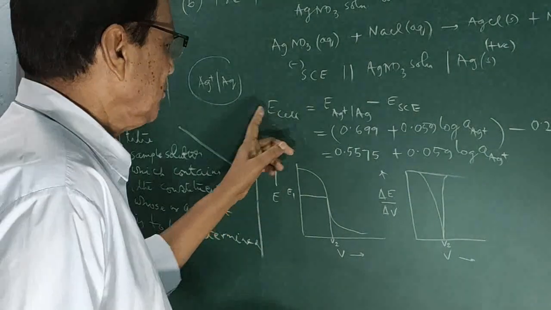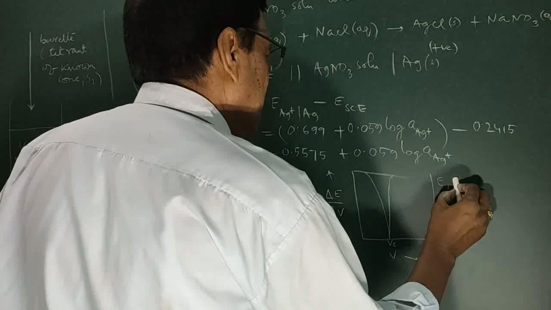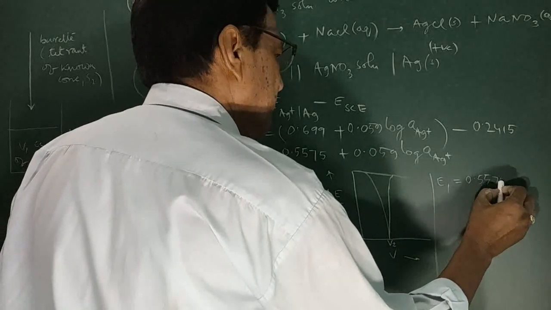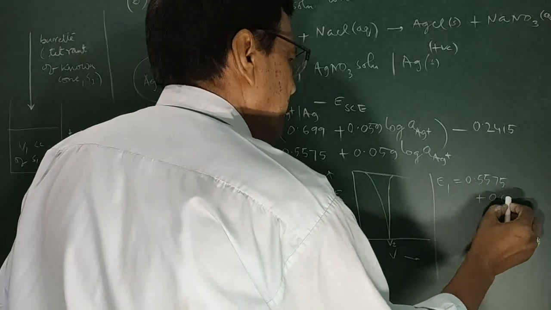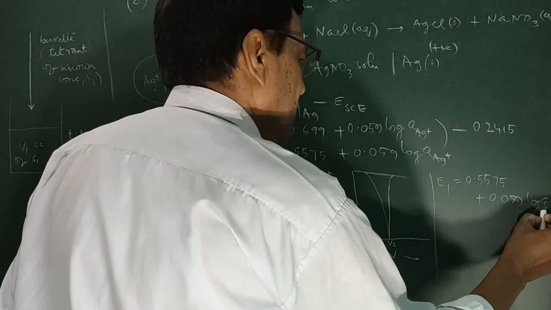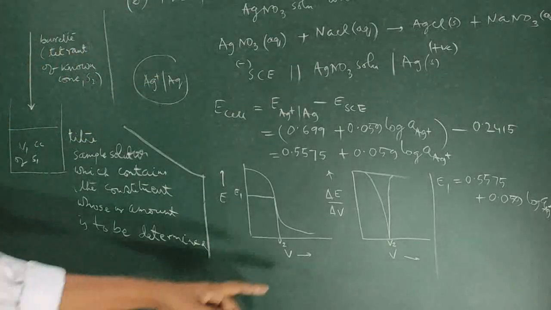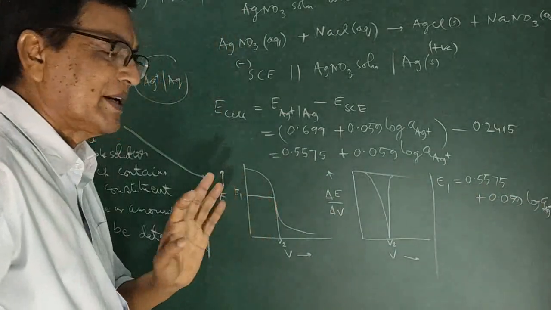So putting E1 here, E1 equals 0.5575 minus 0 plus 0.059 log activity of this silver ion. So putting E1, we can get the activity of silver ion at this equivalence point.